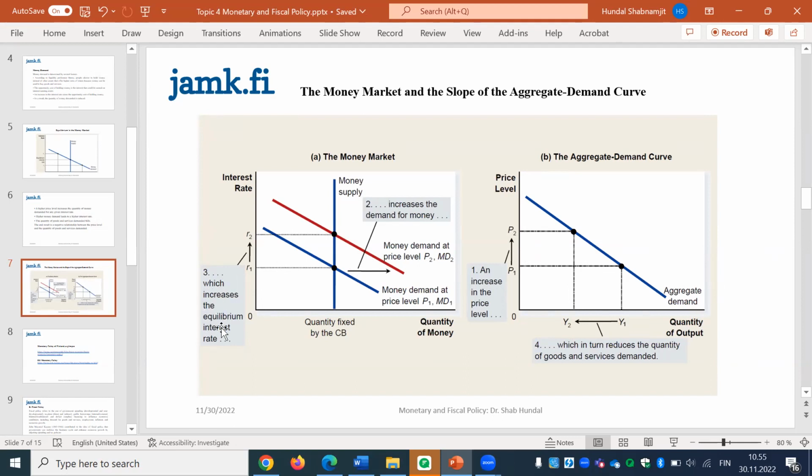And when there is an increase in the equilibrium rate of interest, then people, instead of consuming things, prefer to keep the money with the bank because there is a higher opportunity cost. I mean, today, if the interest rate is 10%, and you have 100 euros and you're debating, should we have a party?